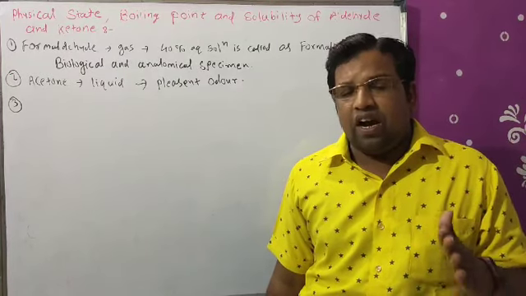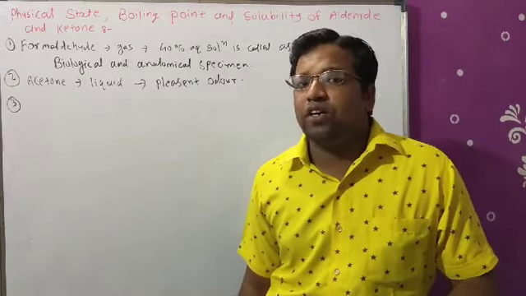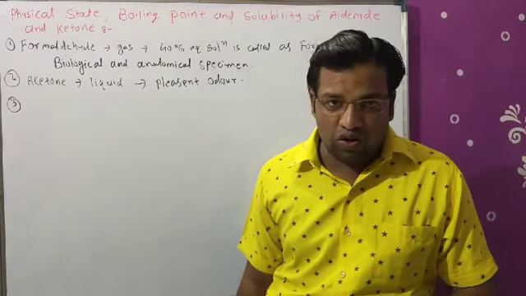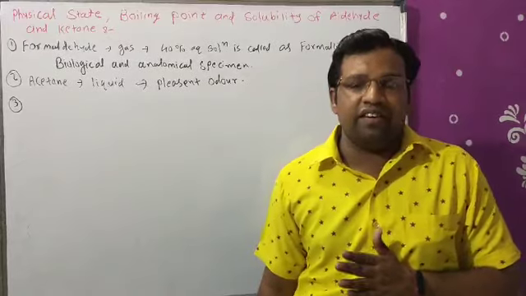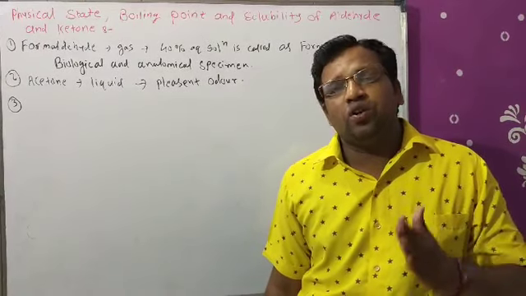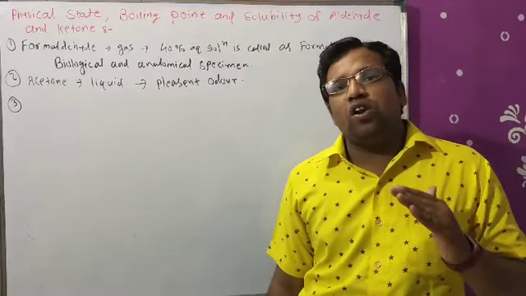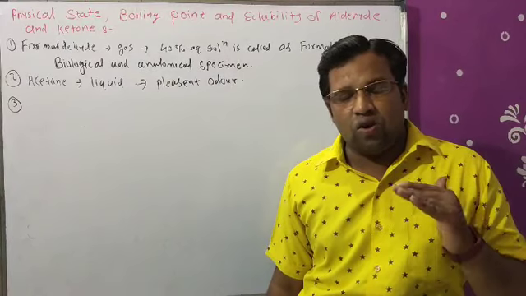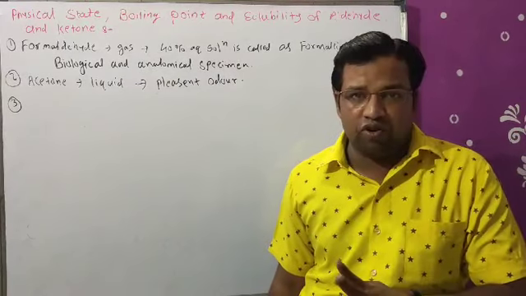But aldehyde and ketone do not form hydrogen bonding like alcohol and carboxylic acid, therefore aldehyde and ketone have a lower boiling point than alcohol and carboxylic acid.